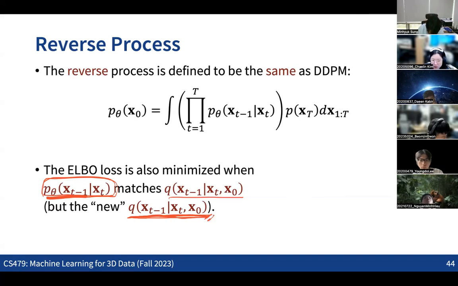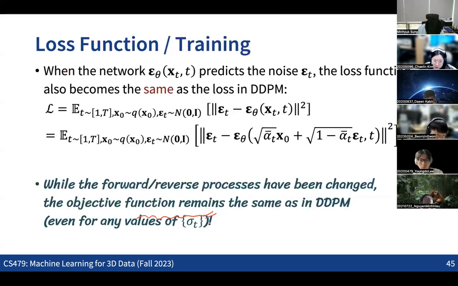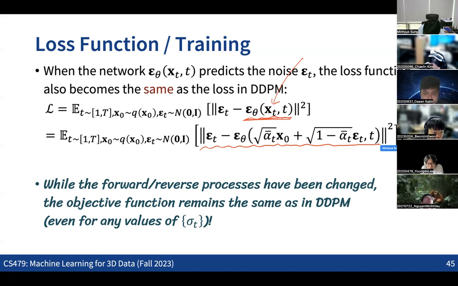But the interesting thing is that while we are defining a new distribution like this one, the way that we minimize the loss is exactly the same. We still define the noise predictor, the epsilon theta network, and minimize the expected value of the difference between epsilon t and the predicted noise.